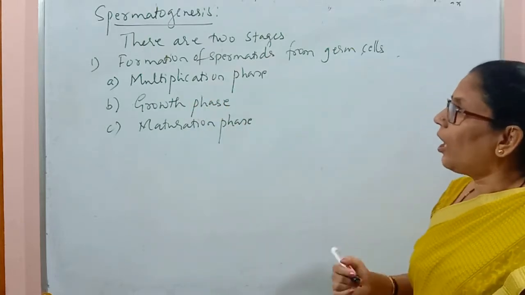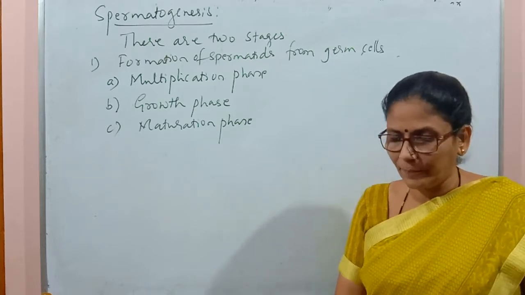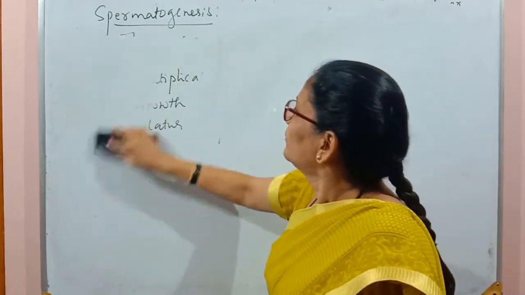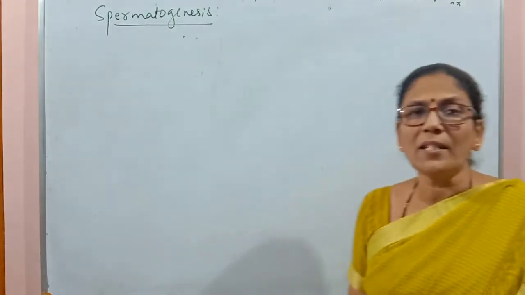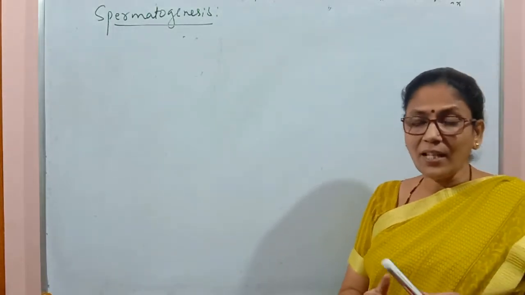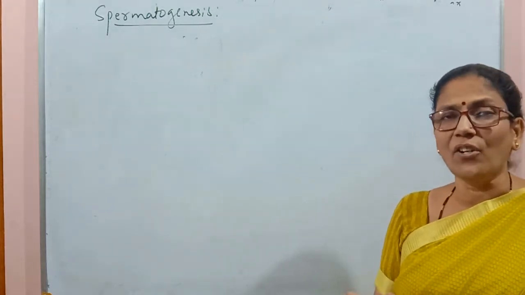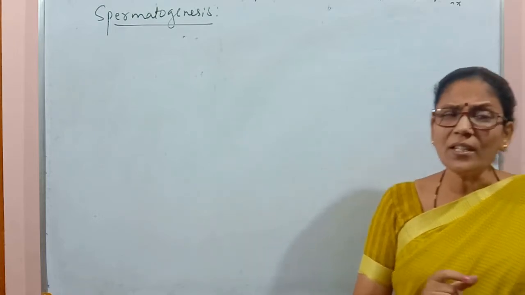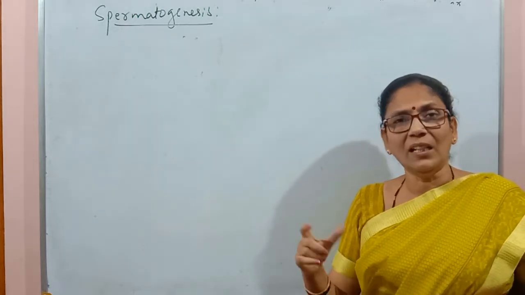Let us see how all these phases take place during spermatogenesis. Spermatogenesis takes place in the seminiferous tubules of the testes. Hence we call the seminiferous tubules the structural and functional unit of the testes.